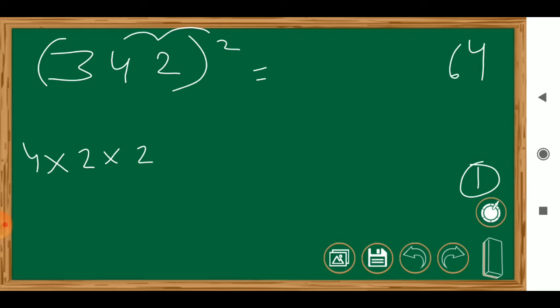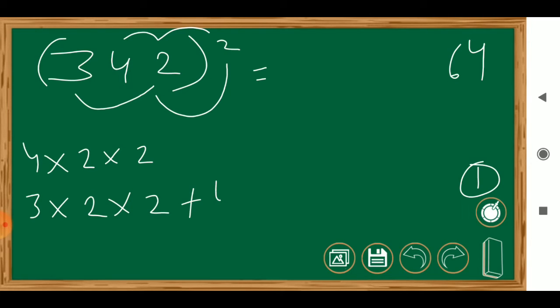The third step is we multiply 3 into 2 into 2 and add the square of the middle term.